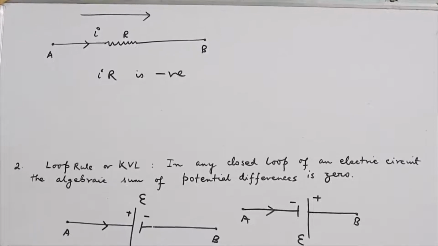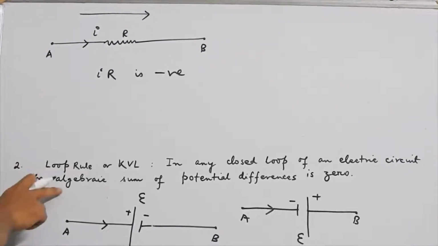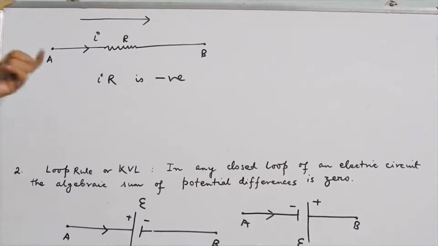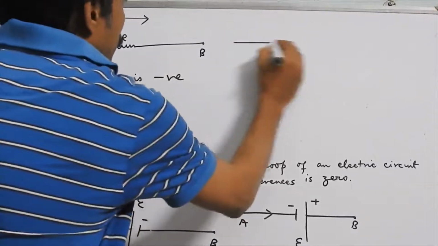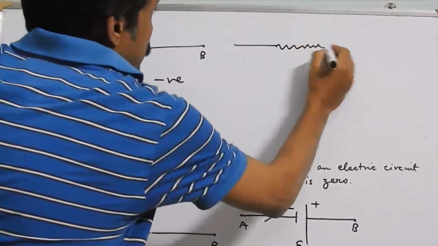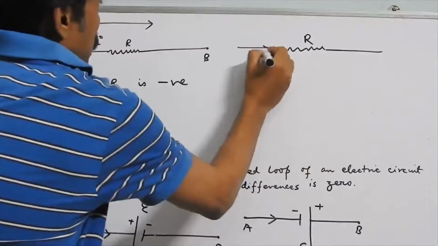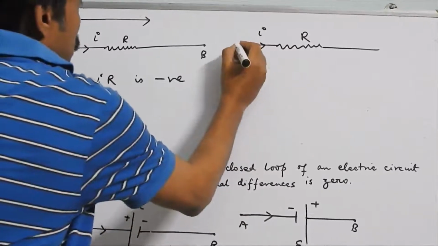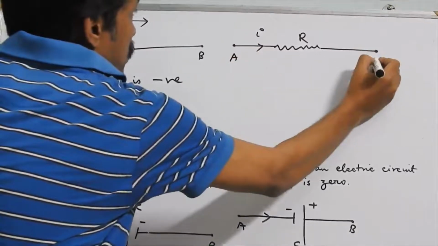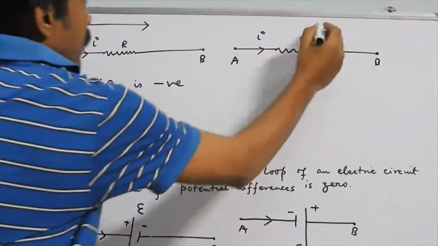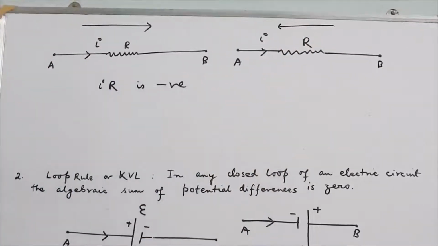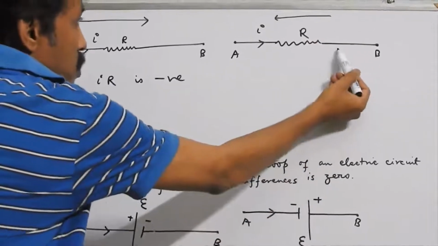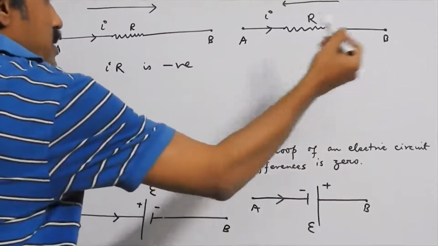Because in Kirchhoff's second law, we have to calculate the algebraic sum of all the potential differences. Now, if the opposite happens, suppose a current I flows in this direction, and suppose we are moving from B to A in this sense, then obviously we know that current flows from high to low potential. We are now moving from low to high, which means that the potential is increasing.